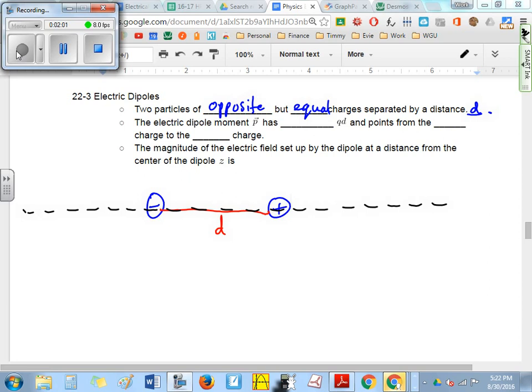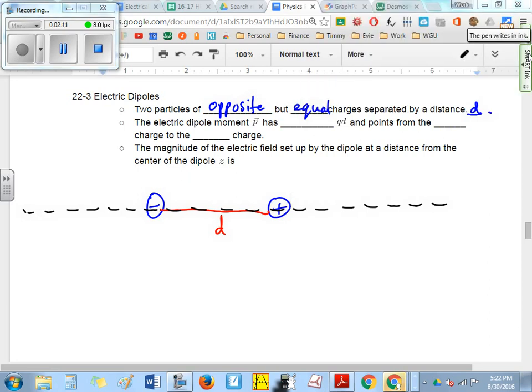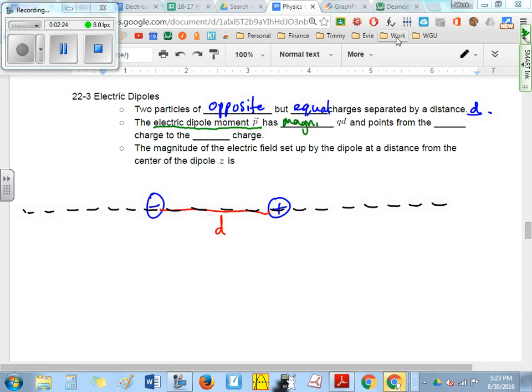Oh, and by the way, something we will need later that is not important now. It's a little vocab thing. There is a vector called P, the electric dipole moment vector. Its magnitude is Q times d, where Q is the charge of either end.